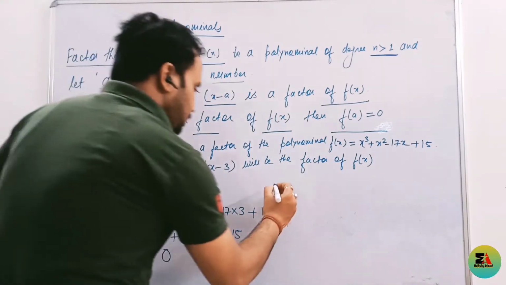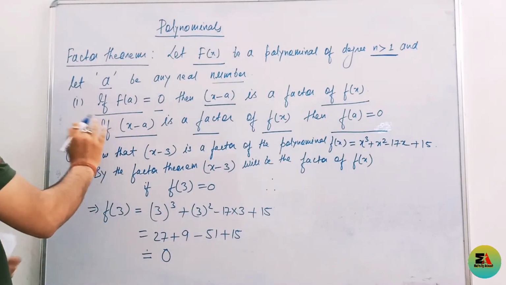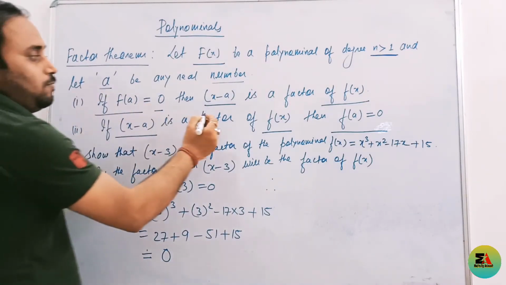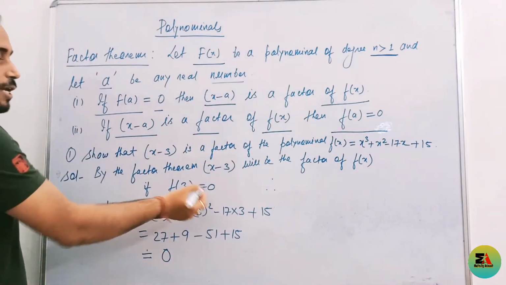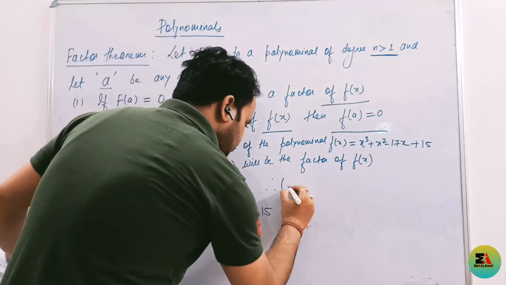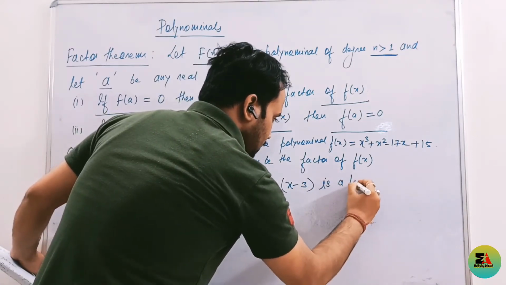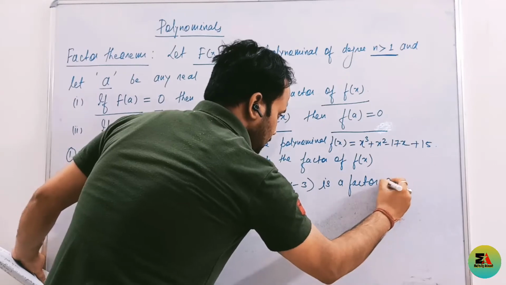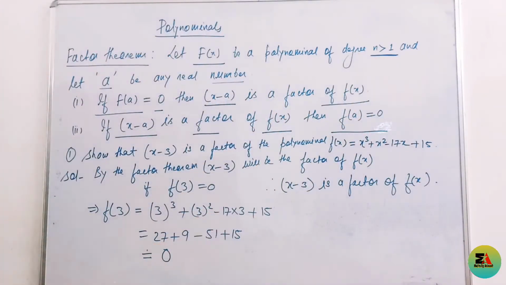Therefore, from the first concept, if f of a is equal to 0, then x minus a is a factor. Here f of 3 equals 0, therefore x minus 3 is a factor of polynomial f(x).